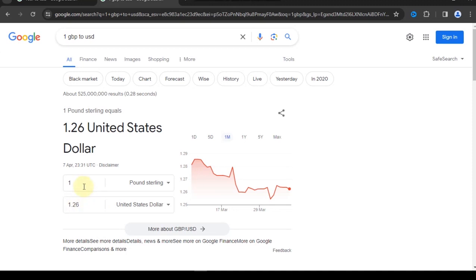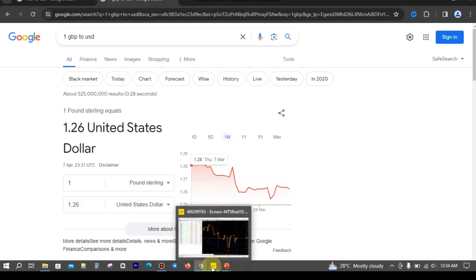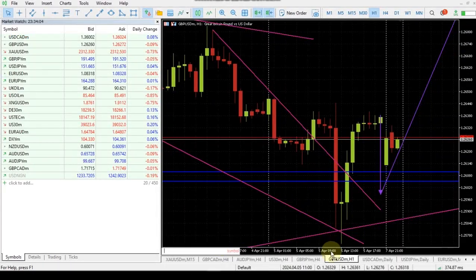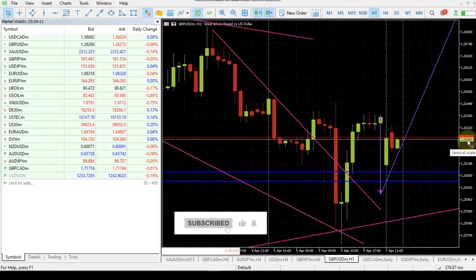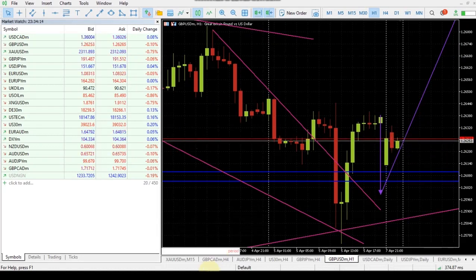Okay. So now, having given us this value, what do we do? We go to our chart and check where the price currently is right now. Okay, you can see this is GBP USD. What do we have? 1.26. Can you see that now? So this goes with the value of the currency pairs. This is what determines the calculation of the pips. Okay.